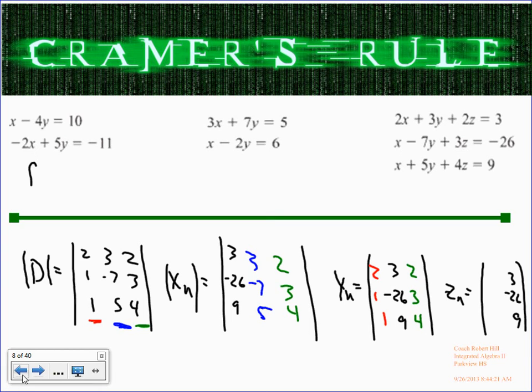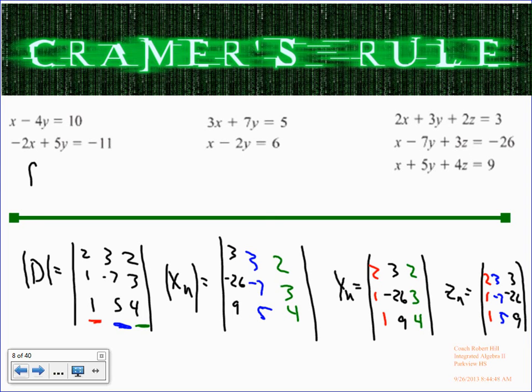Then in the Z one, 2, 1, 1, 3, negative 7, 5. Now, if I was worried about finding the answer, what would I have to do to these four matrices? Find the determinant for them. So I would have to find the determinant for these four problems.